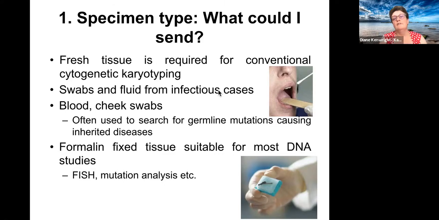For infectious cases, you should also send it fresh. So fresh tissue for carrier typing, for looking for germline mutations, and looking for infectious disease.